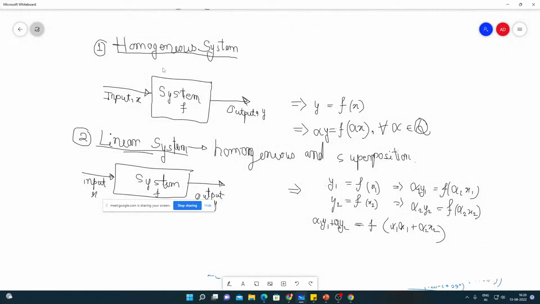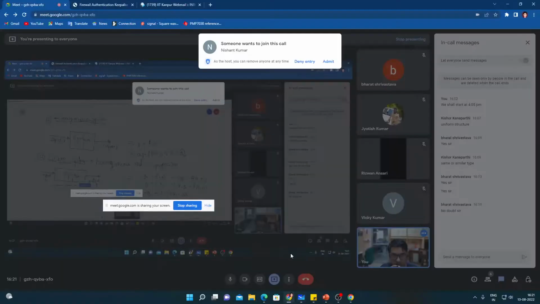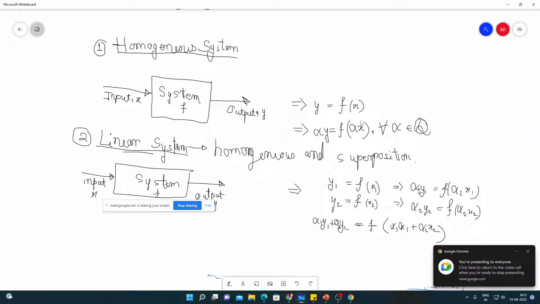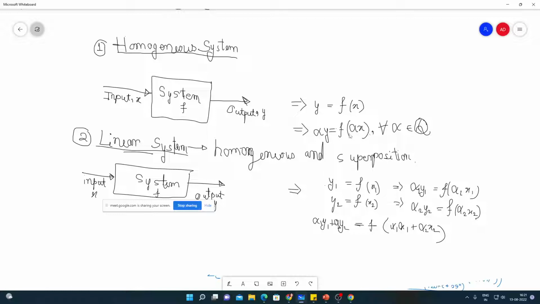A system is associated with an input and an output, so we can mathematically write it as y equals f(x), where x is the input and y is the output. For a homogeneous system, if we multiply a scalar alpha with the input, the output will also be alpha times y, where alpha is a scalar quantity. So this is the definition of a homogeneous system.